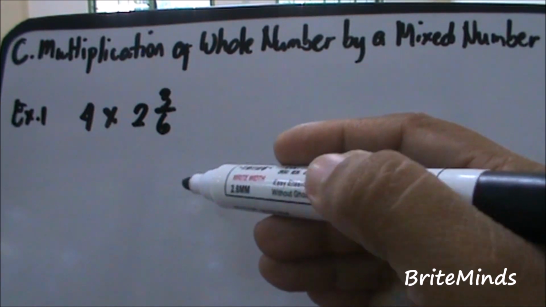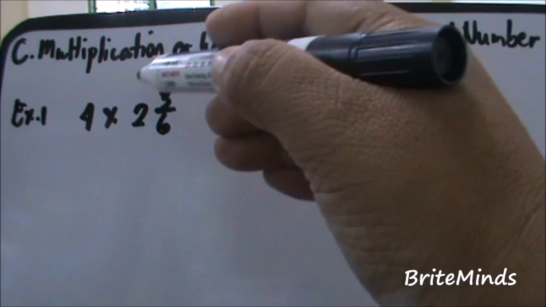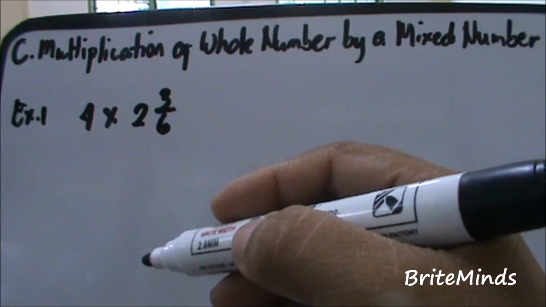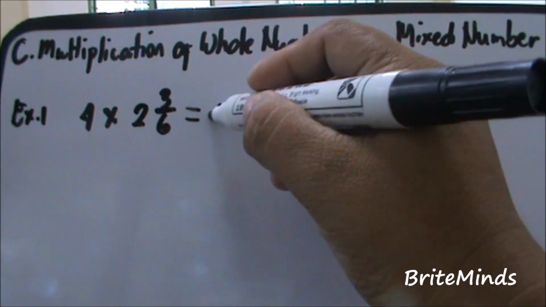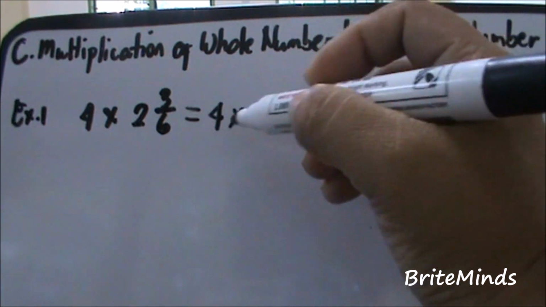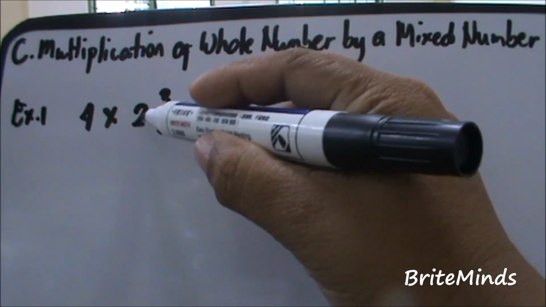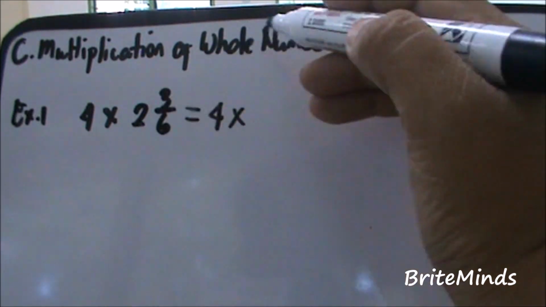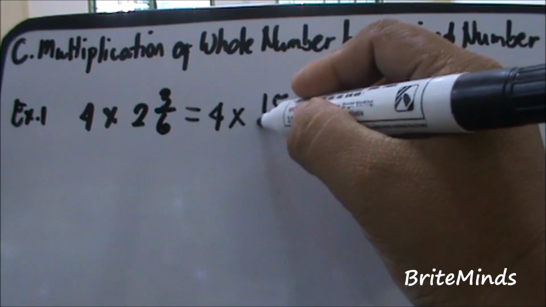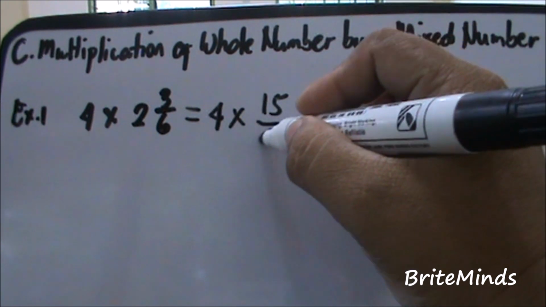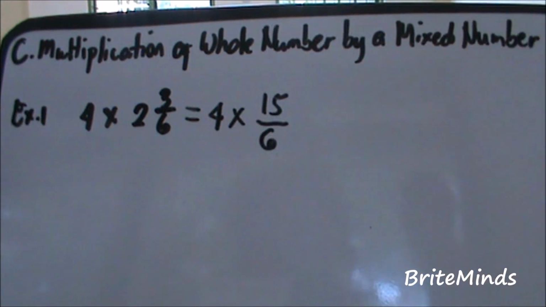According to the rule, we need to change it into an improper fraction. So 6 times 2 is 12, plus 3 is 15. Then retain the denominator, 6. So we have now 4 times 15 over 6.